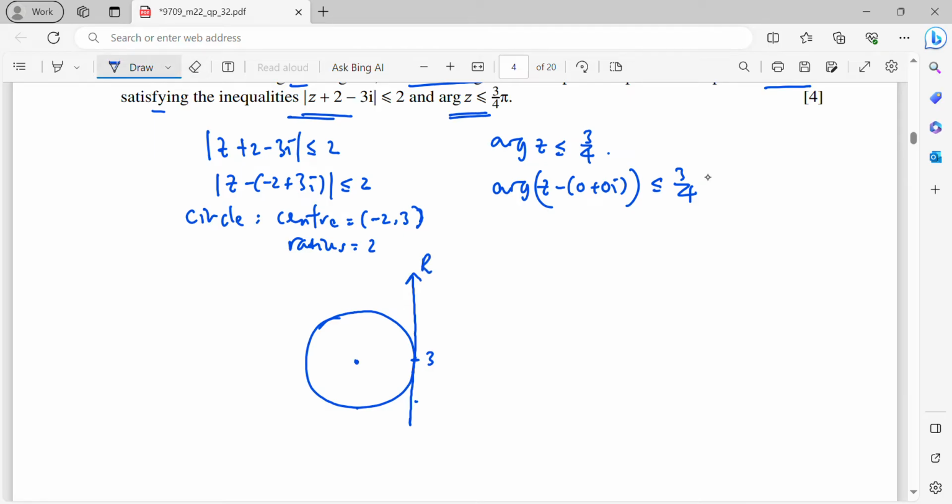Here is the real axis. So here is 2 units because the radius is 2. So 3 minus 2 is 1. Here is 1, and here is 0.